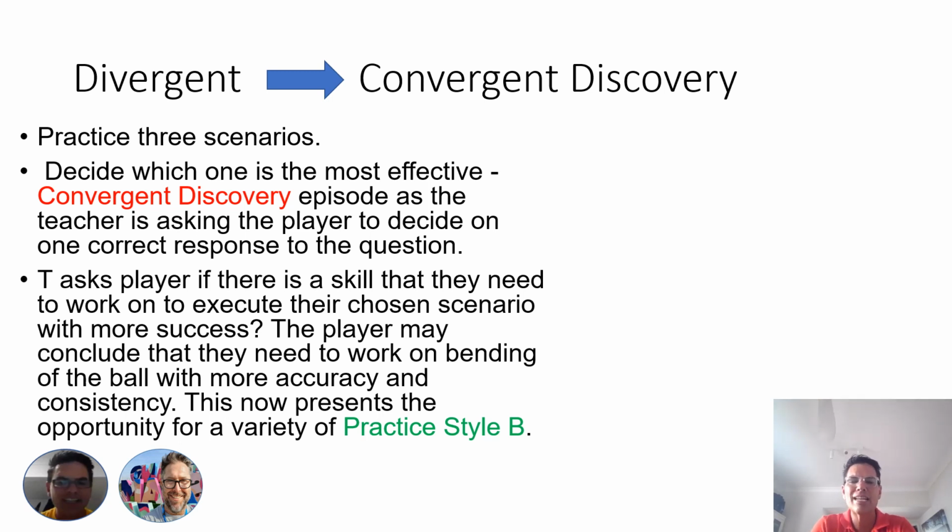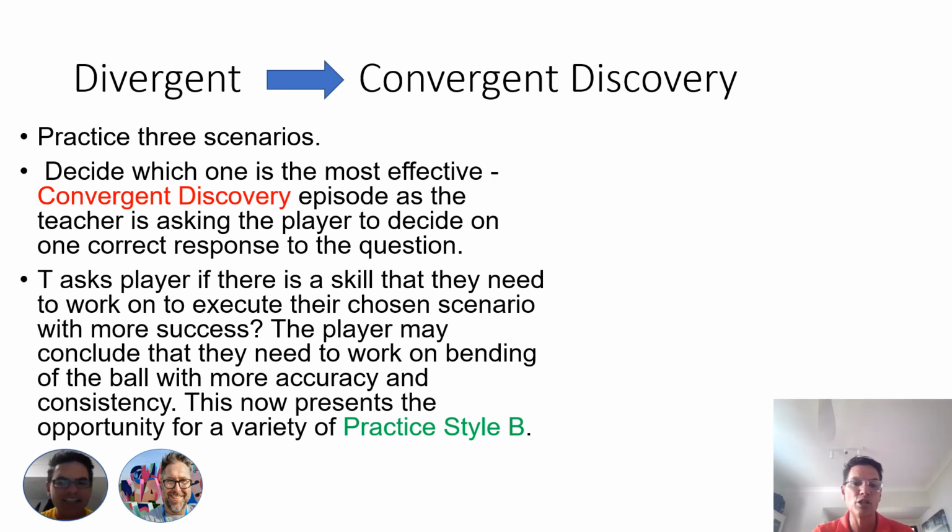After that, then you can actually use a convergent discovery episode. Convergent, come back to one. What's the most effective strategy? Let's say the student works out that it is actually bending the ball if they could do it. You then ask the student, okay, well, what do you need to practice then to be able to do this? They hopefully identify they need to work on bending the ball with accuracy and consistency.